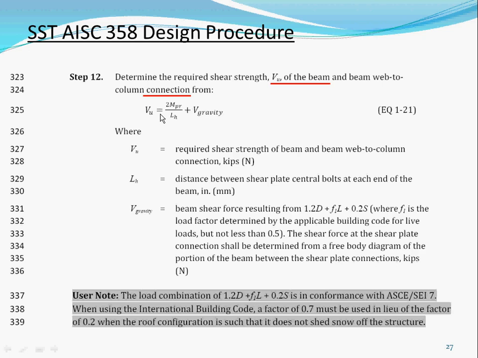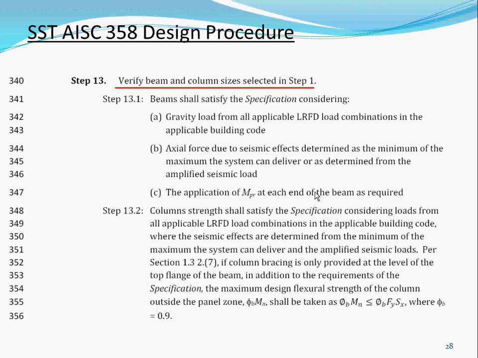In the step by step, I should show a diagram of what that means and why we use the 2MP over LH. And also if you have frames that have a connection on one side only, then it's not 2, it's just 1 MP. So that's what it is. And I'll go over that a little bit when I actually go into the design step by step.